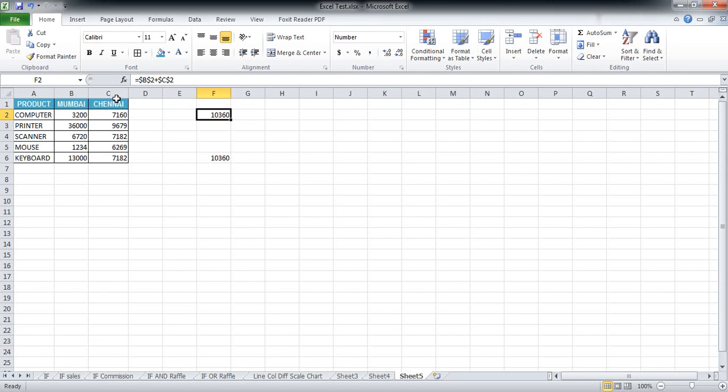So think of this. What would happen if I were to delete the dollar sign before the 2 in this? So right now it seems that only the B portion is anchored because it has a dollar behind it, and the C portion is also anchored, but 2 is not.